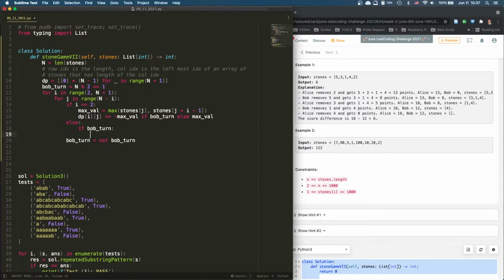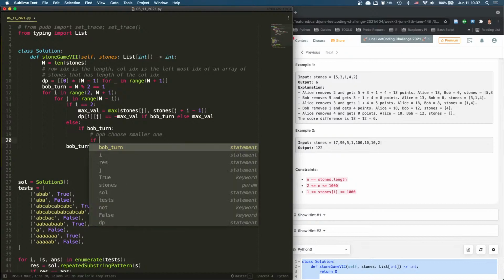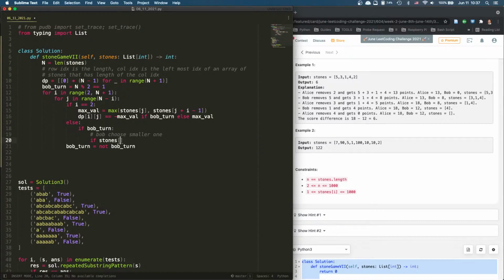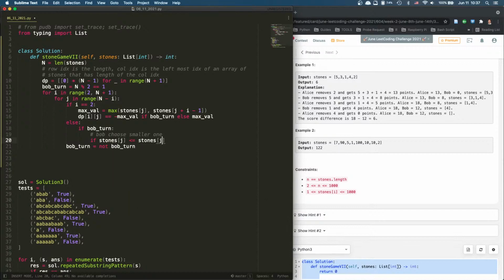So let's say Bob choose the smaller one. If stones I and j is smaller or equal to, it doesn't really matter, stones j plus I minus 1, right?